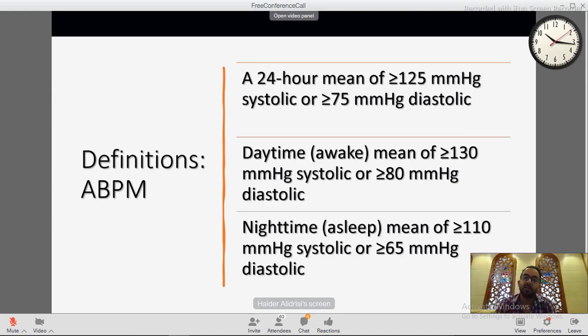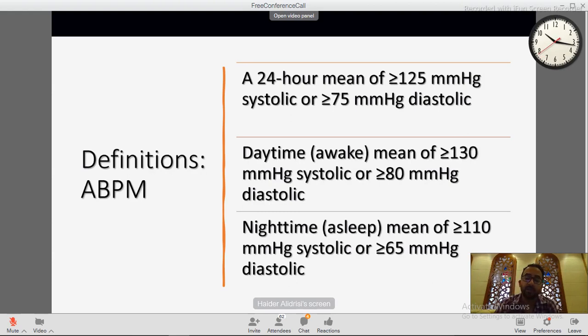For the daytime awake mean readings of the ambulatory blood pressure, hypertension is diagnosed when the blood pressure is 130 or more, or 80 or more in the case of diastole. While sleeping, a systolic blood pressure of 110 or more, or a diastolic of 65 millimeters of mercury or more, is the definition of hypertension in the ambulatory setting.